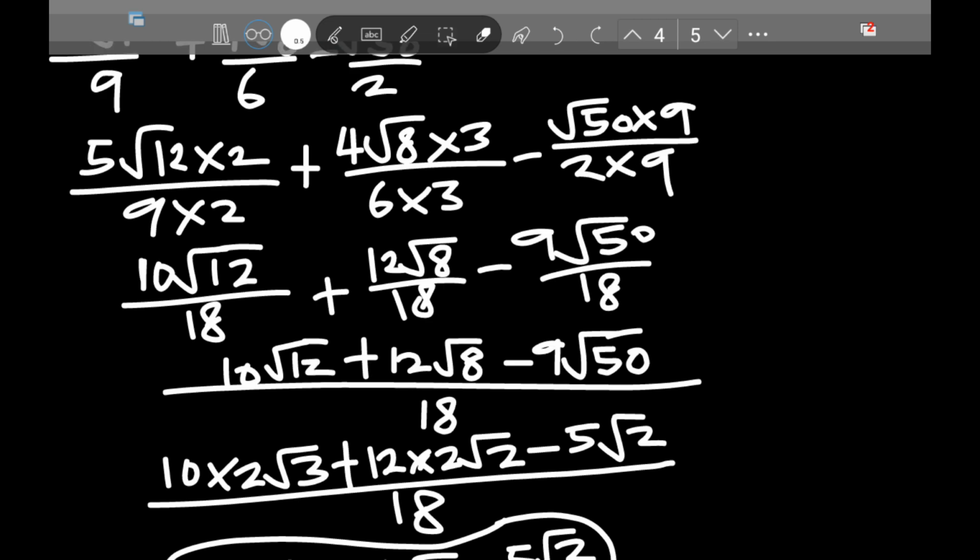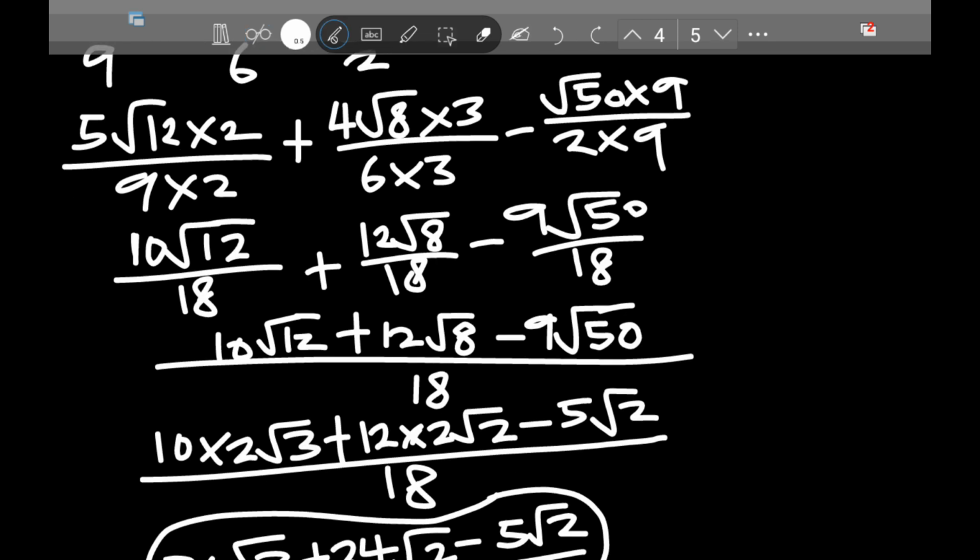And after we have done something like that, we've got the common denominator 18 on the 3 fractions. So we choose one, we wrote it here, then we group everything that is at the top together, which was 10 root 12 and 12 root 8 and 9 root 50.